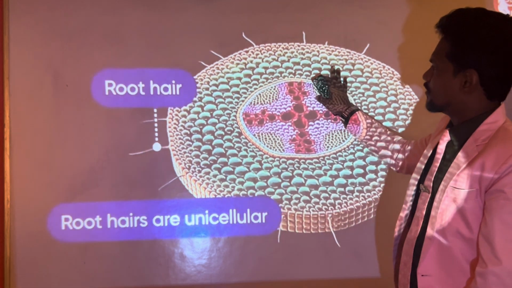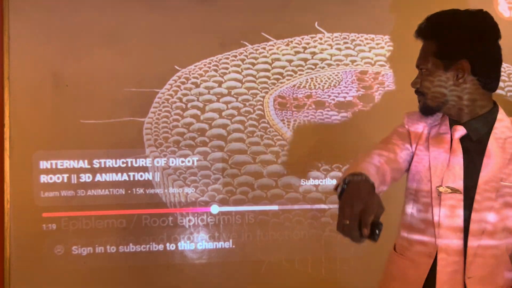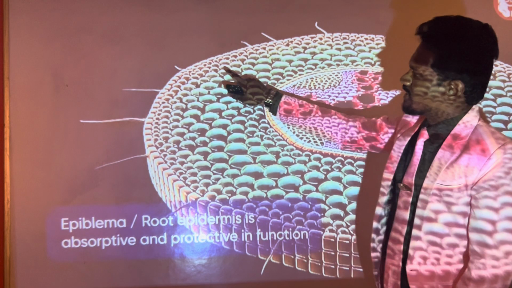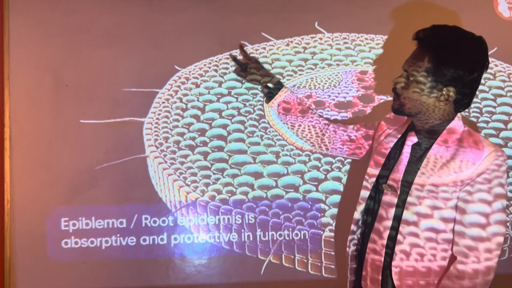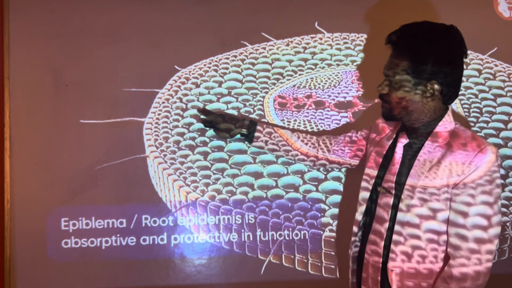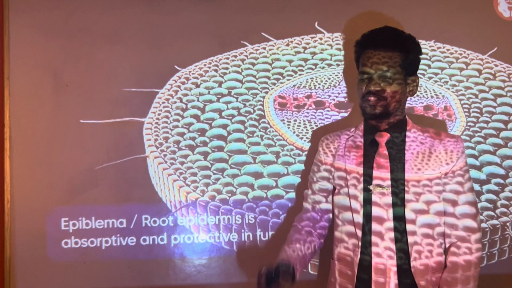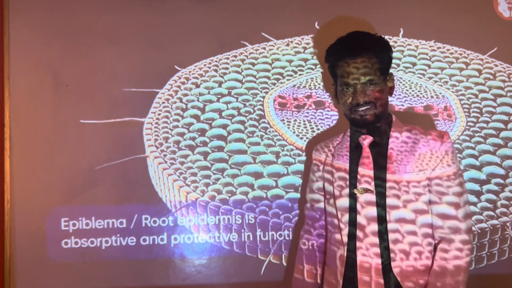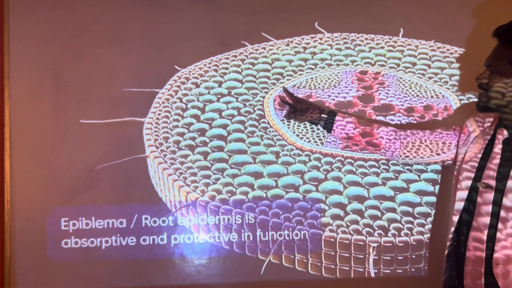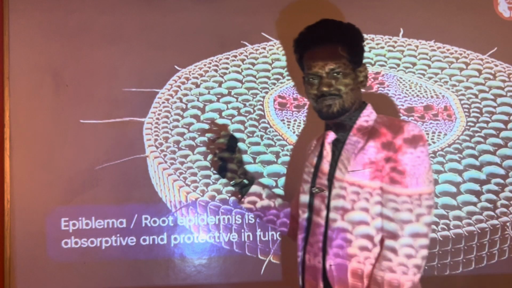Now clearly we can see this is the epidermis, root hair, followed by the cortex. Just below the epidermis, the entire tissue present is known as cortex. The central conducting part is known as stele.